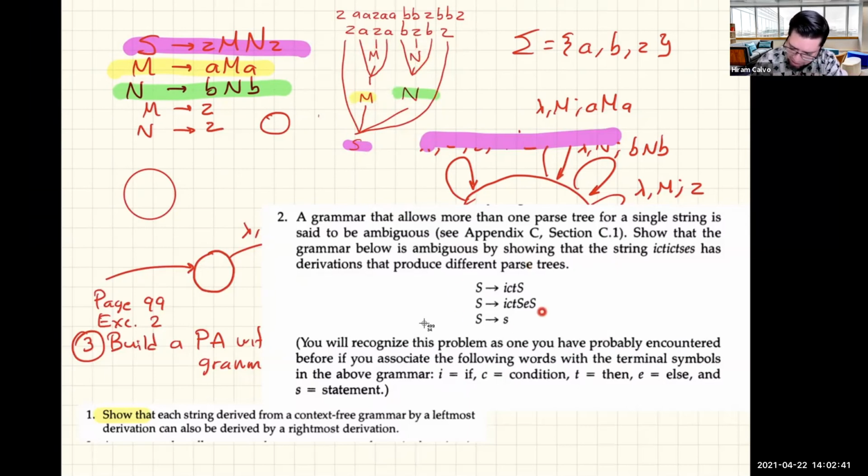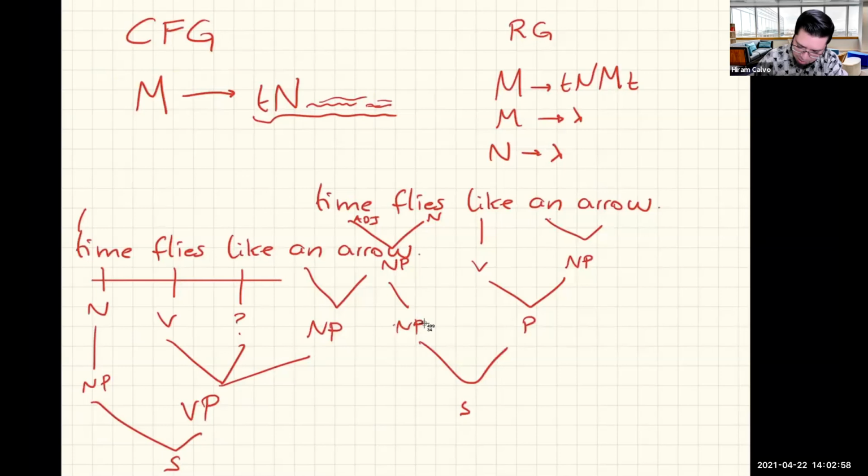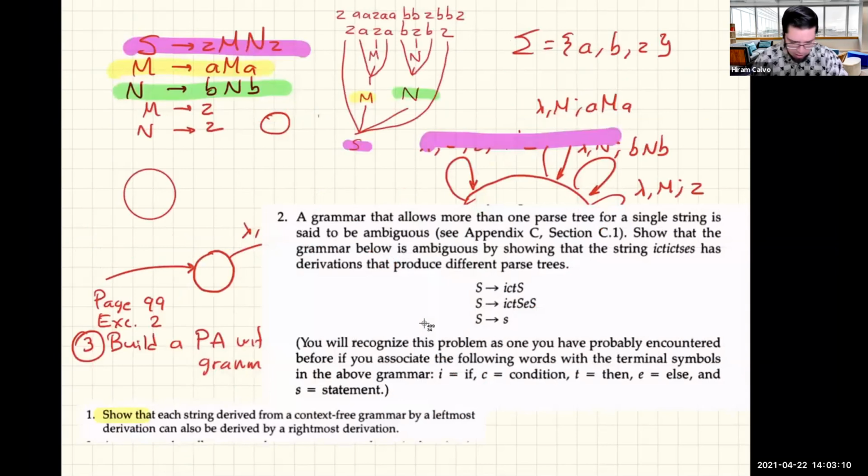And you can see the same for this structure. Try to think of this as if, condition, then sentence. You can try to parse this one by using different strategies. And you will find something like "time flies like an arrow," in which depending on what you are parsing first, you can end up with different trees. So this is what it's about. Don't worry too much about this word that it says show.